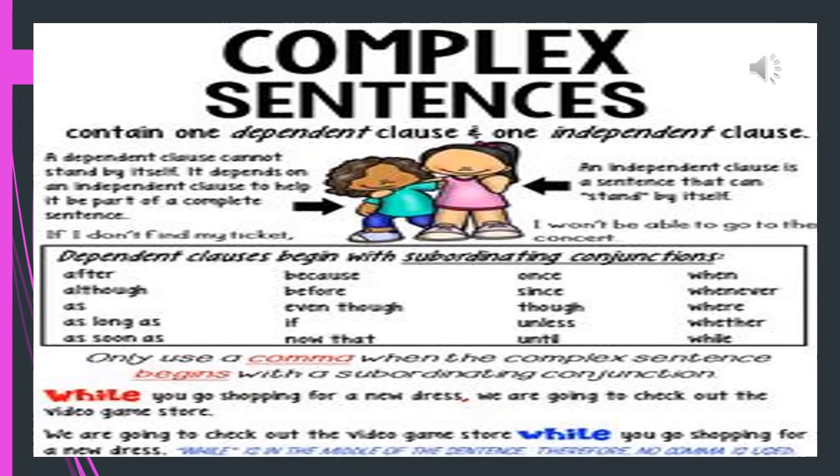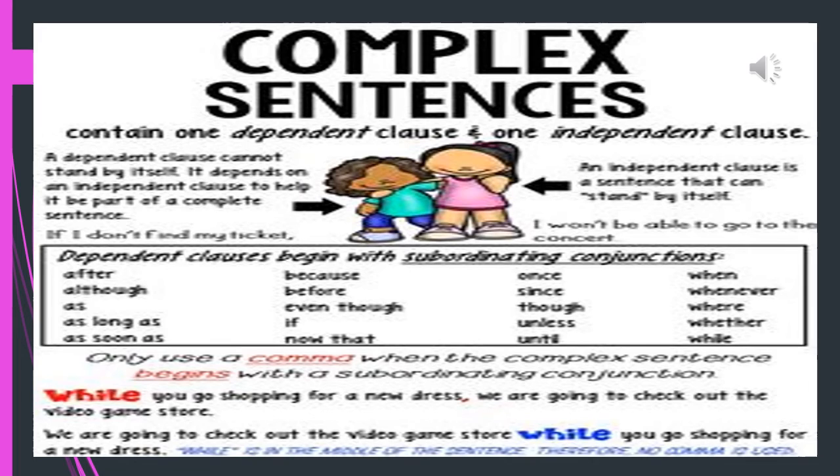This slide gives you an image of complex sentences. As you know, a complex sentence contains one dependent clause and one independent clause. A dependent clause cannot stand by itself. It depends on an independent clause to help it be part of a complete sentence, whereas an independent clause is a sentence that can stand by itself. See the example.